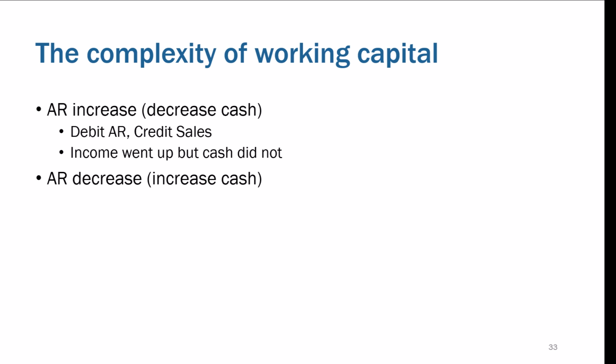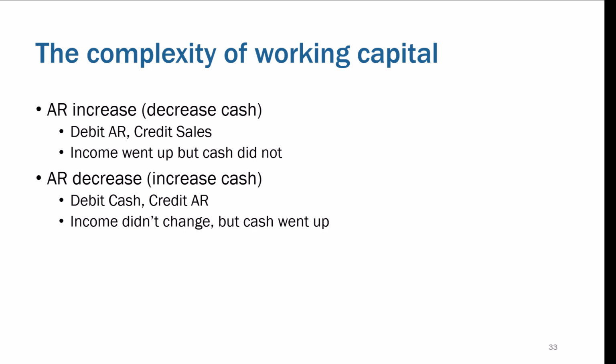Similarly, accounts receivable, when they decrease, what we're saying then is a decrease in a current asset is an increase to cash. Why is that? Well, if they go down, we must be debiting cash and crediting accounts receivable. There's no impact on net income there, but cash went up. So we have to show that as an increase.